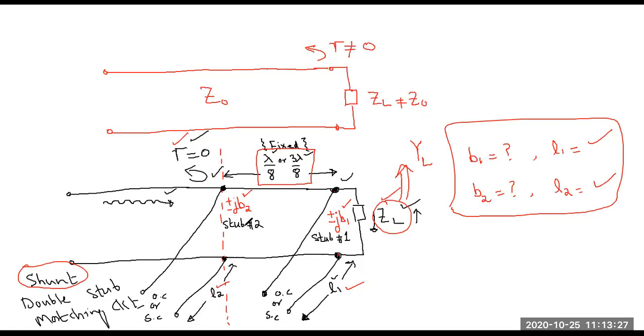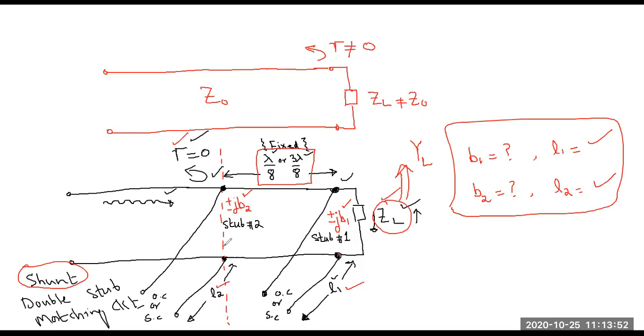Once we connect these two stubs, the impedance which was not at the center initially will come to the center of the Smith chart. After completing the solution, you will find that you are exactly at the center of the Smith chart.